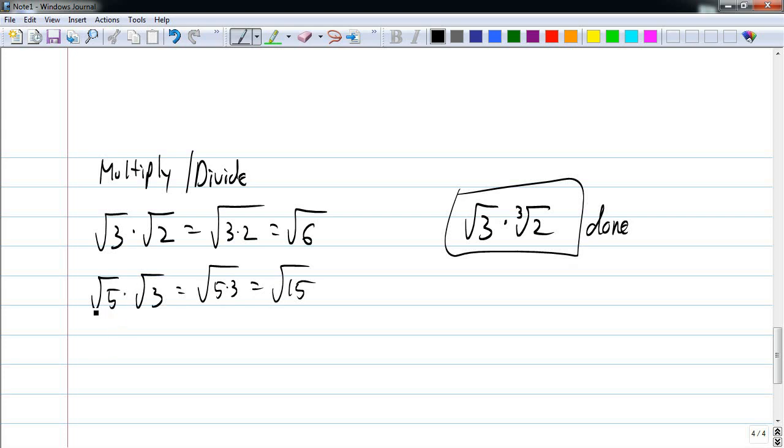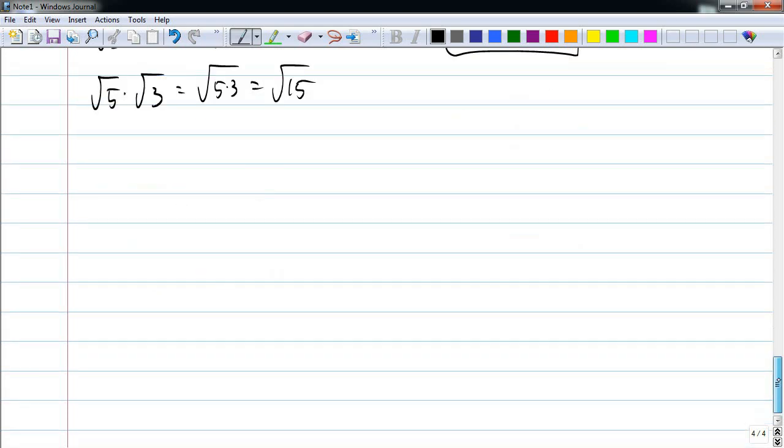Okay, so square root of 5 times square root of 3 is square root of 15. If I am dividing, square root of 20 divided by square root of 2, like multiplying, I can just put that under the radical. 20 divided by 2 is 10, square root of 10.